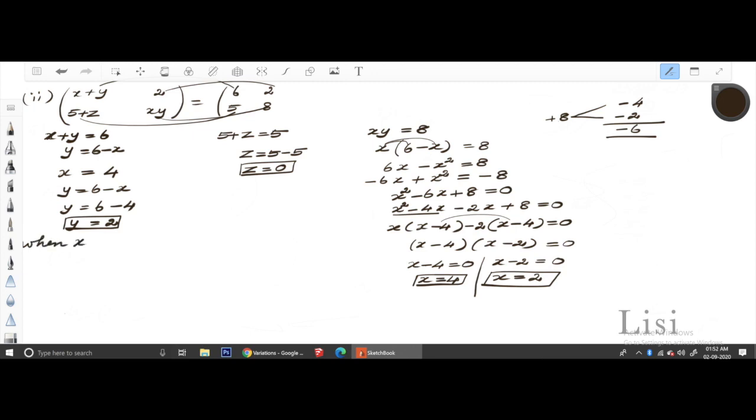When x is equal to 2, what happens to your y? It is 6 minus x, isn't it? So that will be equal to 6 minus 2. In the place of x, you put 2. And now your y will be equal to 6 minus 2, it is 4.